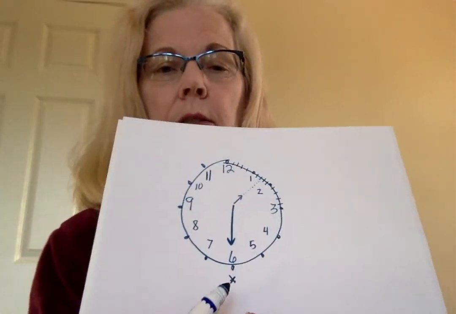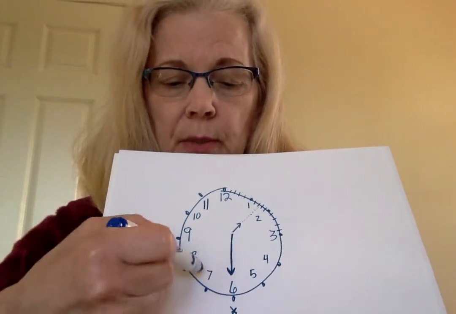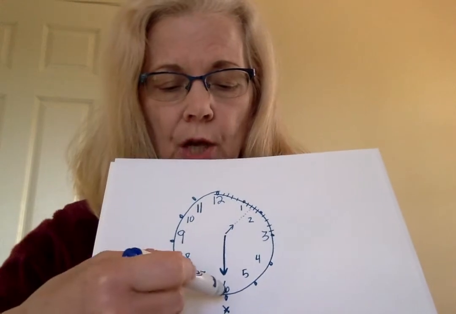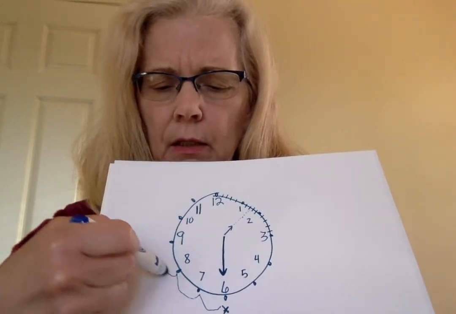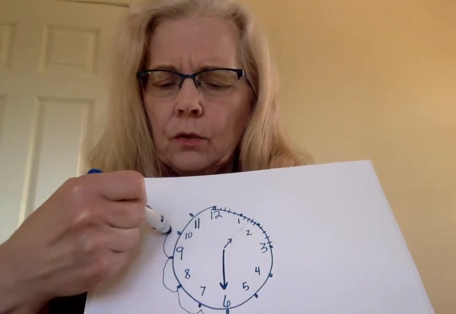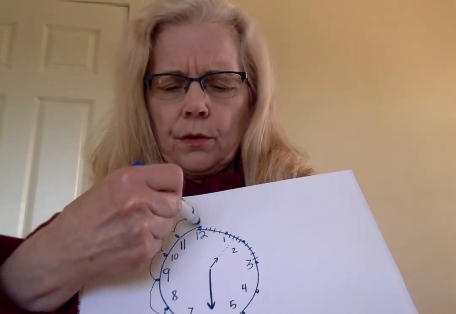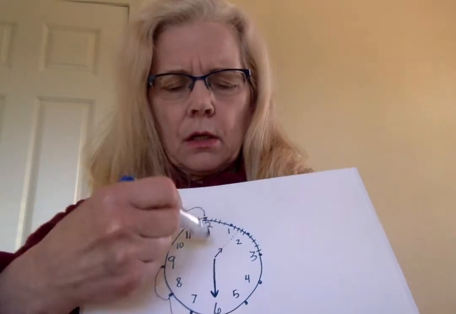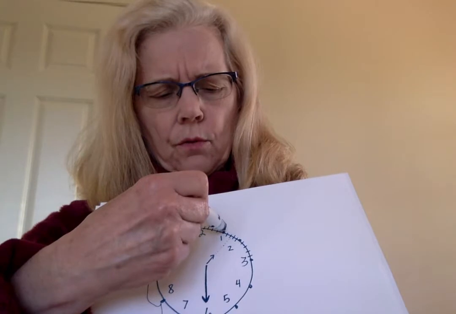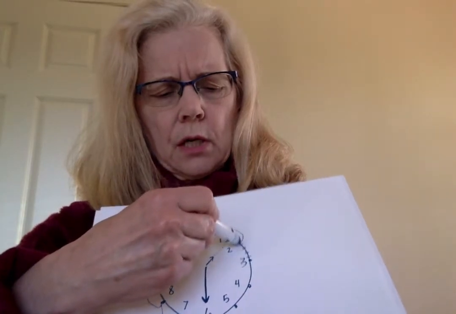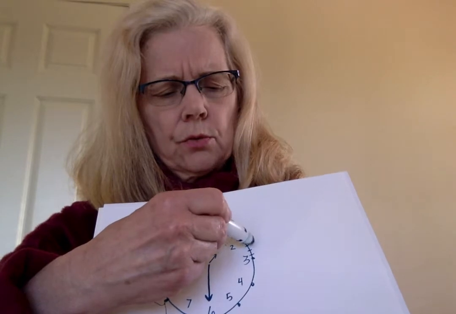Here's where we start. We're going to count by fives because we know there are 5 minutes between each number on the clock. So we've got 5, 10, 15, 20, 25, 30, 35, 40, 41, 42.